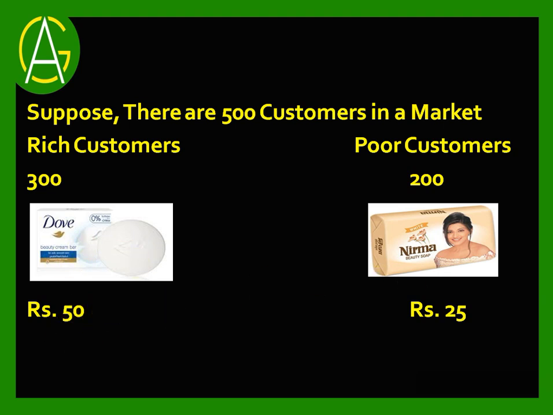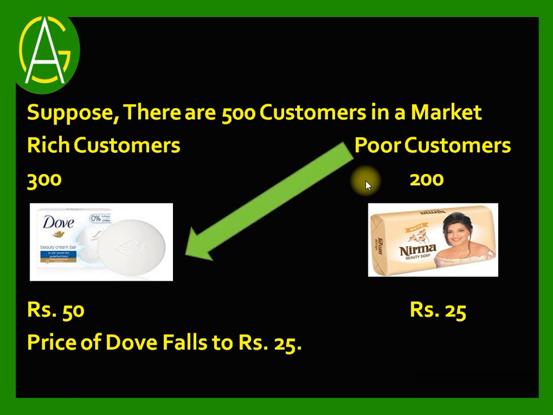Now suppose the price of Dove is reduced to 25 rupees. The price of Dove has fallen. Now what will happen? Those people who were not able to purchase this because it was not affordable to them, now it will be affordable to them, and these poor customers will also start purchasing Dove soap because Nirma is available at 25 and Dove is also available at 25. So these poor people who were not able to purchase it before are now able to purchase it.